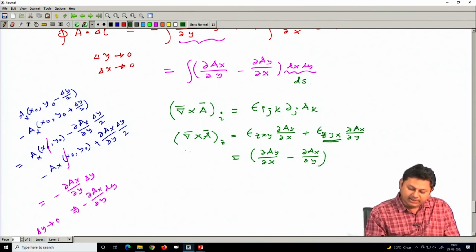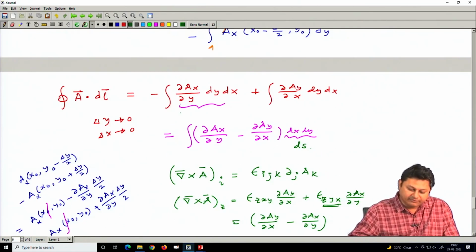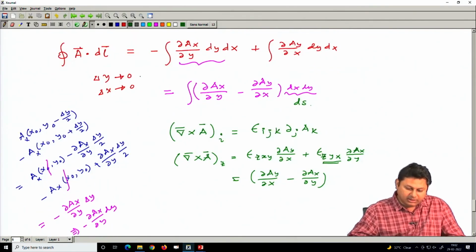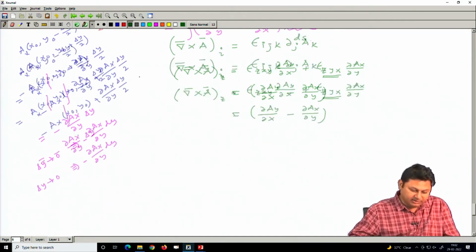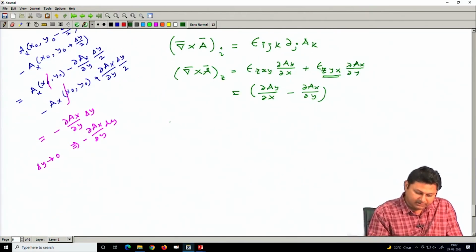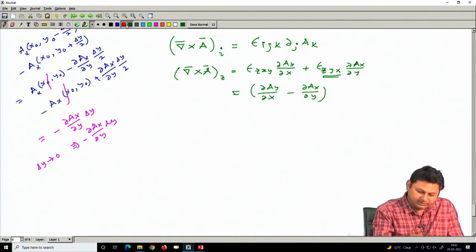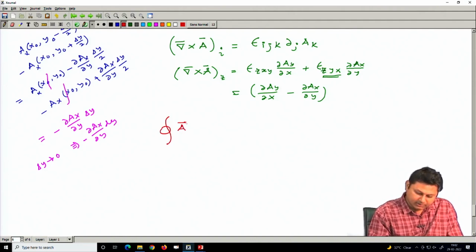So, this z component tells me that if I calculate the closed line integral of A dot dl, on the right hand side I am getting the curl of A with its z component times ds.